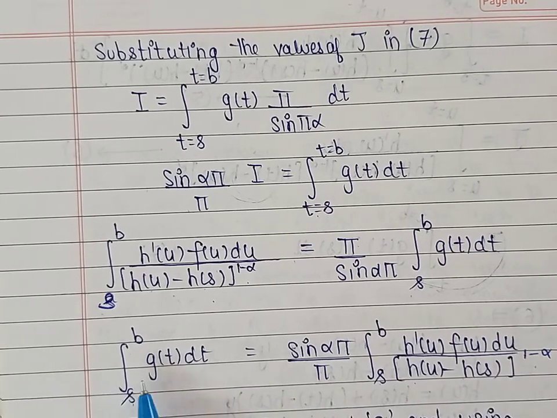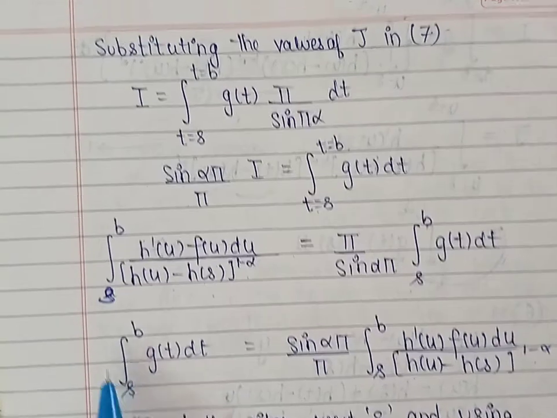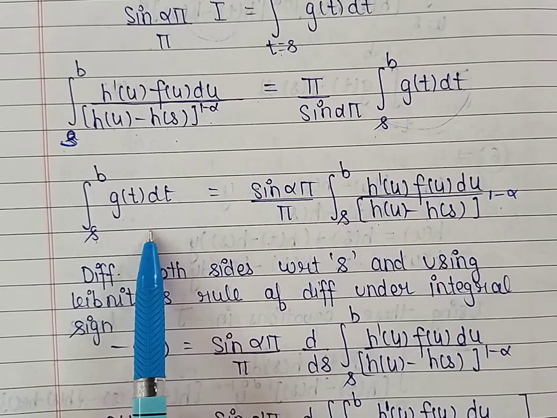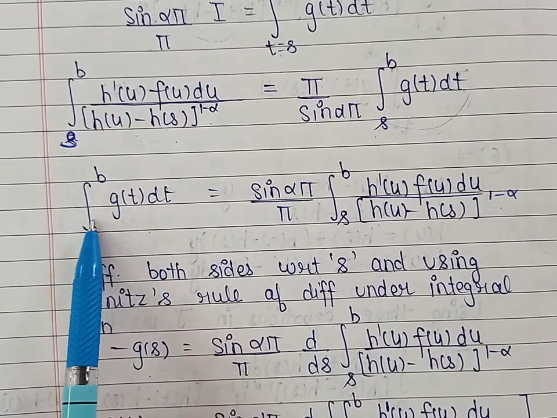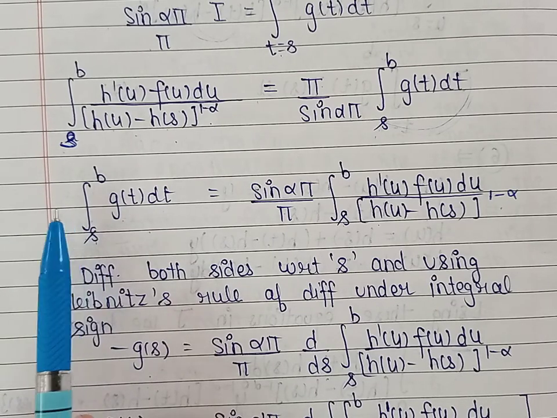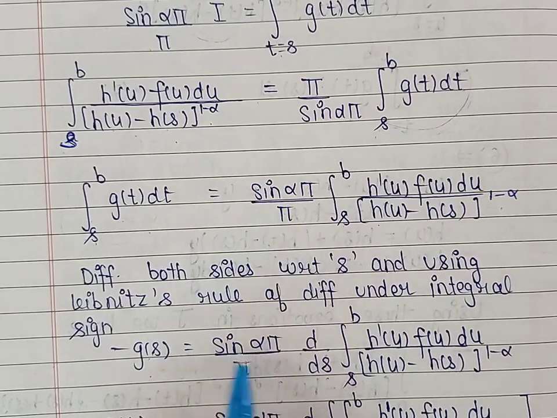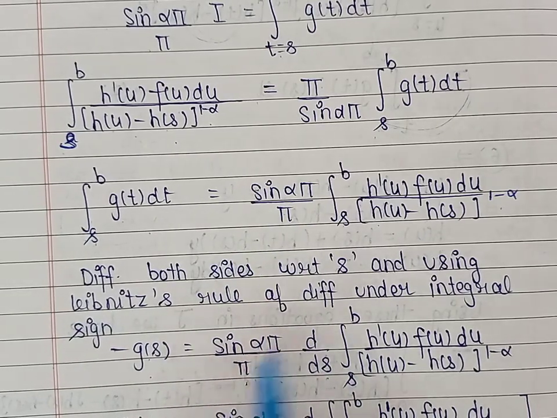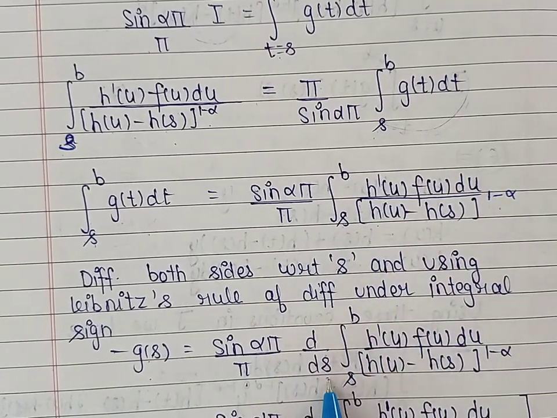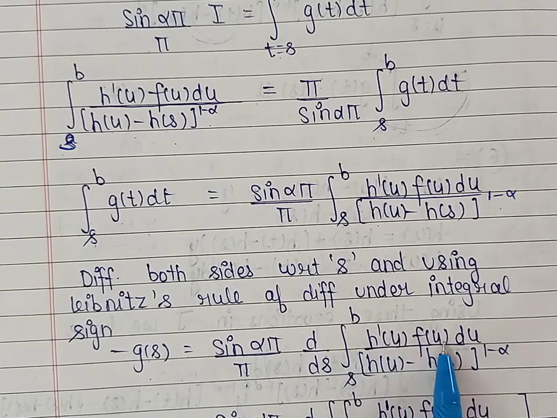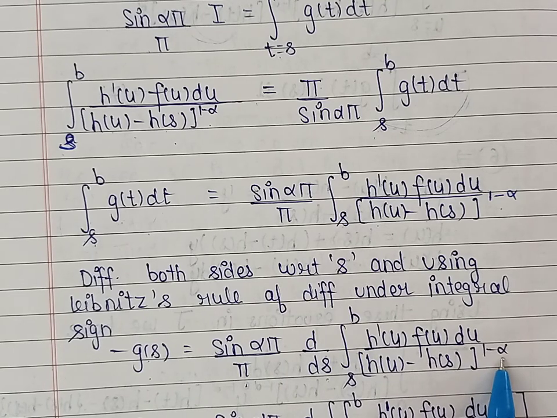Now we are to find the value of g, so we can differentiate both sides with respect to s by using Leibniz rule of differentiation under the integral sign. If we differentiate this integral with respect to s, we get the value of this as -g. On the right side, sin(alpha pi)/pi is constant, and the derivative is d/ds of the integral of h'(u) f(u) divided by (h(u) - h(s)) whole raised to the power 1 - alpha.